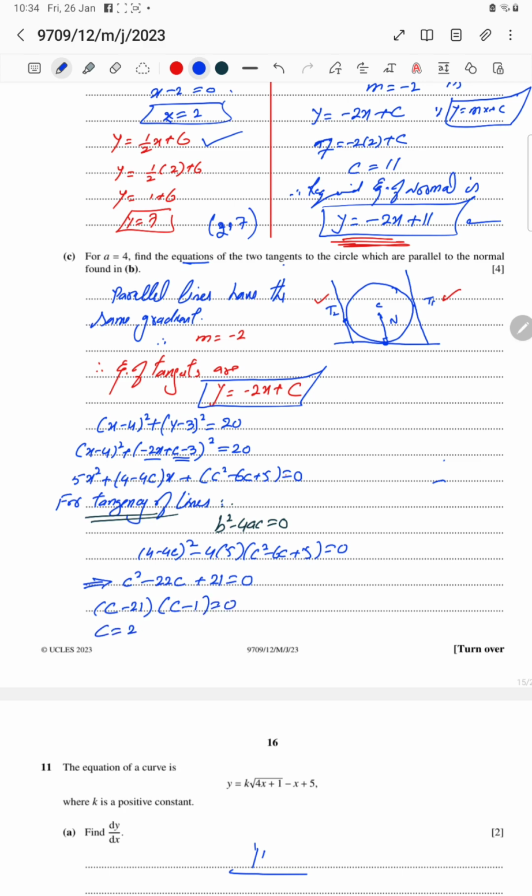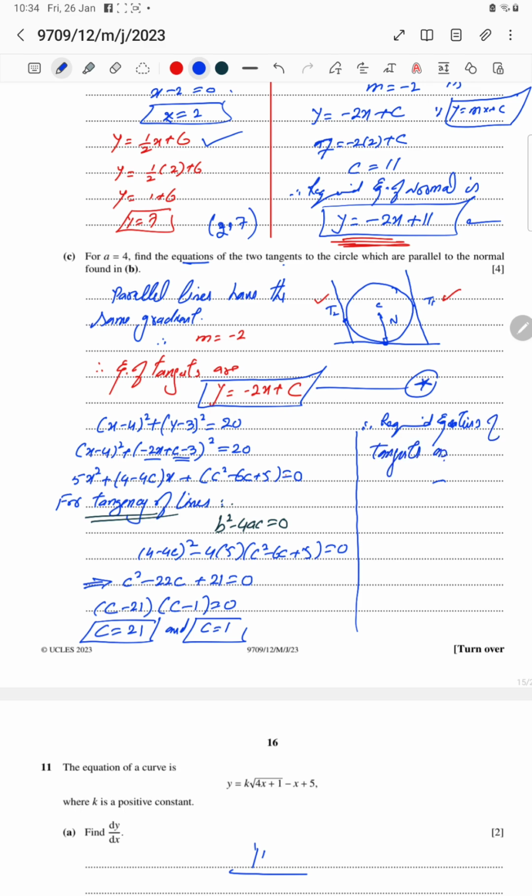We have two values of c: 21 and 1. So by replacing it in this equation, we will get two equations of tangent. Therefore the required equations of tangents are y equal to minus 2x plus 21, and the other one y equal to minus 2x plus 1.